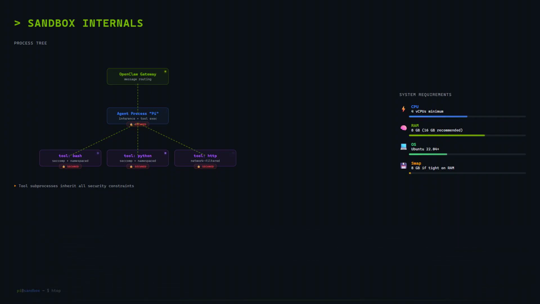For minimum requirements, you're looking at 4 vCPUs, 8 gigs of RAM, Ubuntu 22.04 or later. But in practice, 16 gigs of RAM is what you really want, because the sandbox image plus Docker daemon plus K3s plus the OpenShell gateway all running at the same time can trigger the OOM killer on memory-constrained systems. So if you're running tight on RAM, make sure you configure at least 8 gigs of swap.